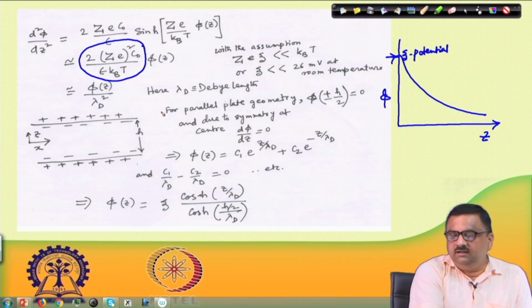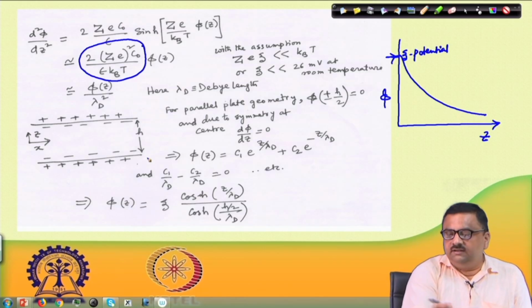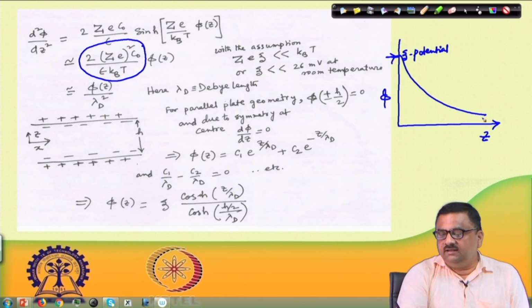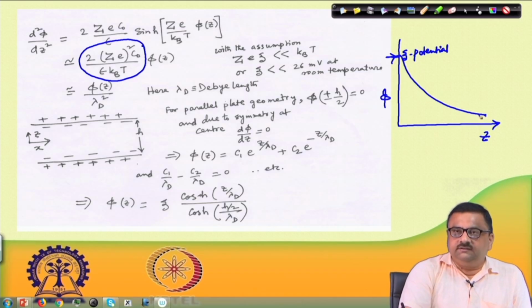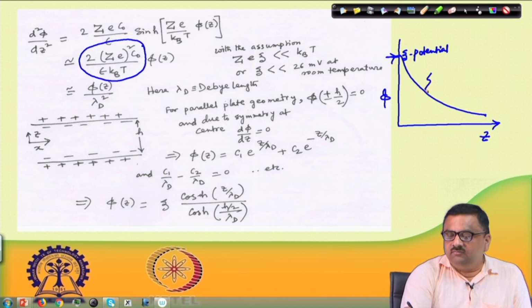Now, lambda d, if you look at it, if phi changes like this, then one can write phi as follows.